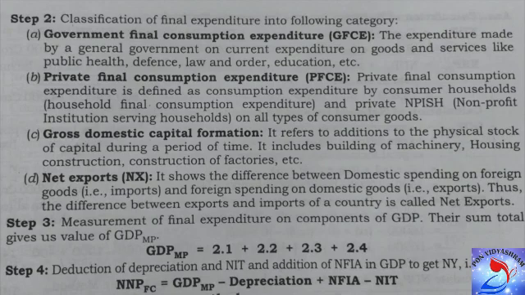And the fourth step is we have to deduct the depreciation and net indirect tax, and add net factor income from abroad in GDP to get national income, that is net national product at factor cost. So the formula is NNP at factor cost equals GDP at market price minus depreciation plus NFIA minus net indirect tax.